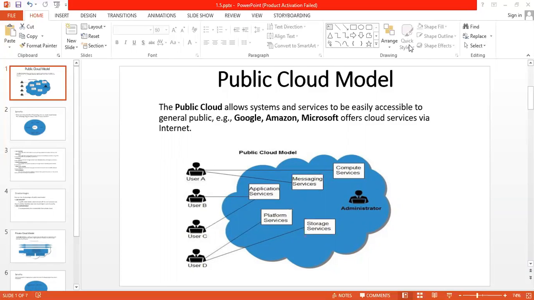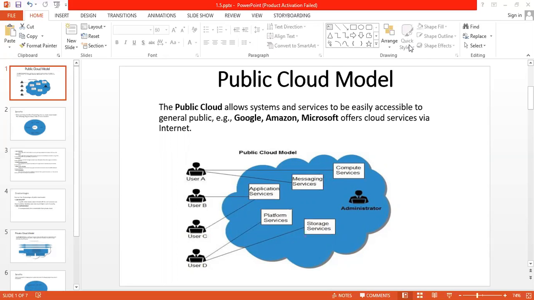So the public cloud is the thing where you can easily access the resources and the data which you want to use. For example, Google, Amazon, Microsoft are some companies or cloud service providers who provide the cloud via internet. A very basic example of it is our Gmail accounts.